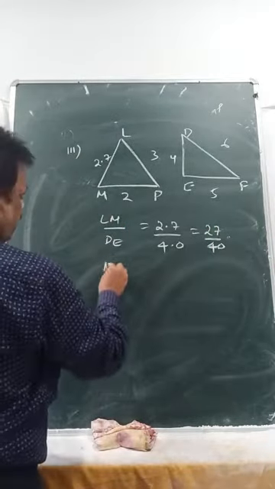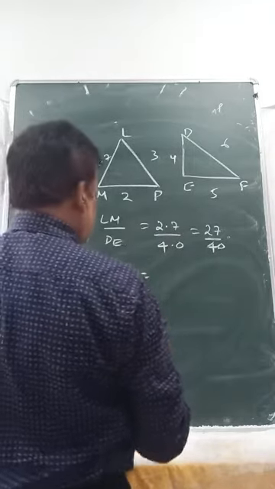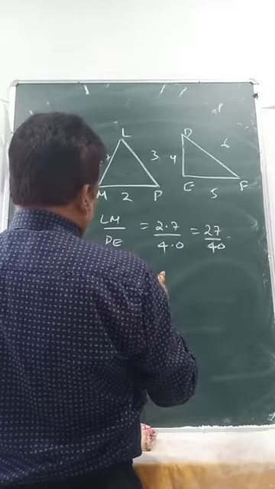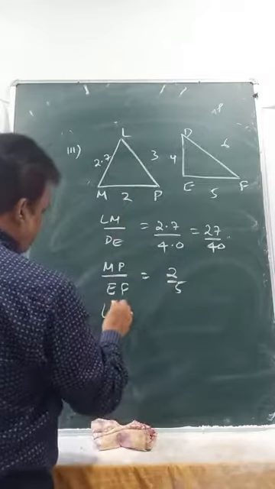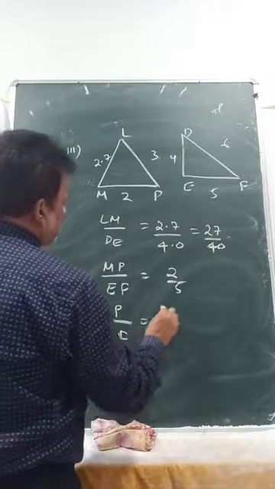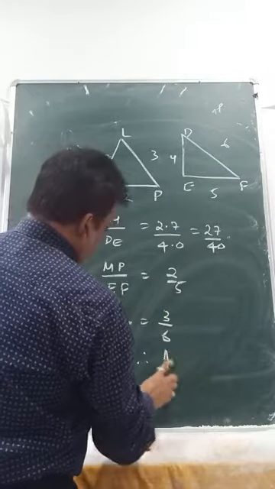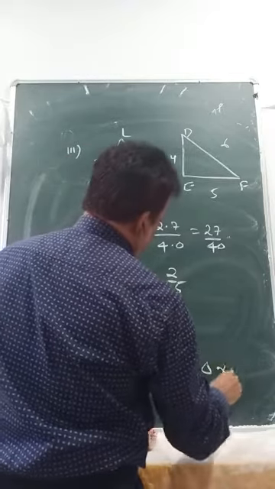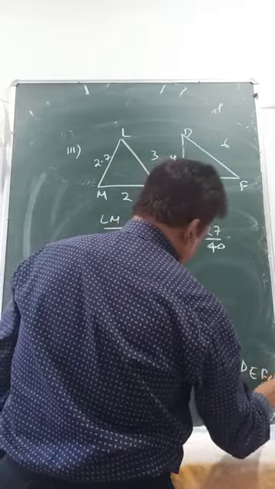What is MP by EF? 2 by 5. What is LP by DF? 3 by 6. So you can say triangle LMP is not similar to triangle DEF.